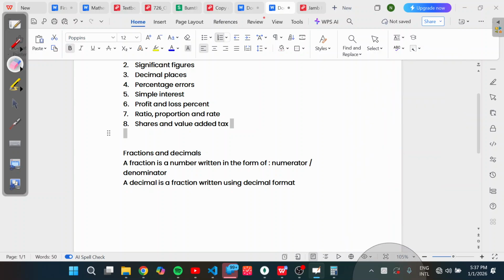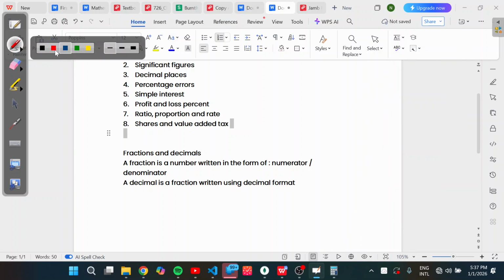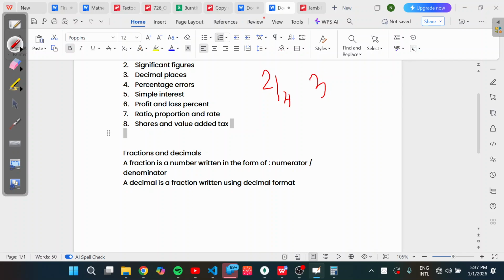So 2 over 4 is a fraction, 3 over 4 is also a fraction, and 5 over 4, these are all fractions.